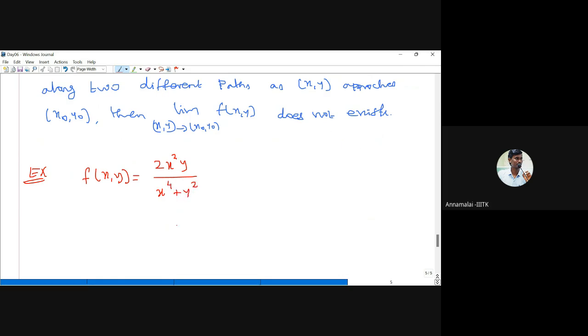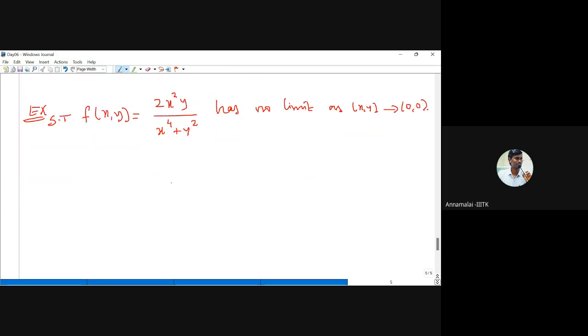We have to show that this function has no limit as x comma y approaches 0 comma 0. So you have to take the limit and consider two paths.